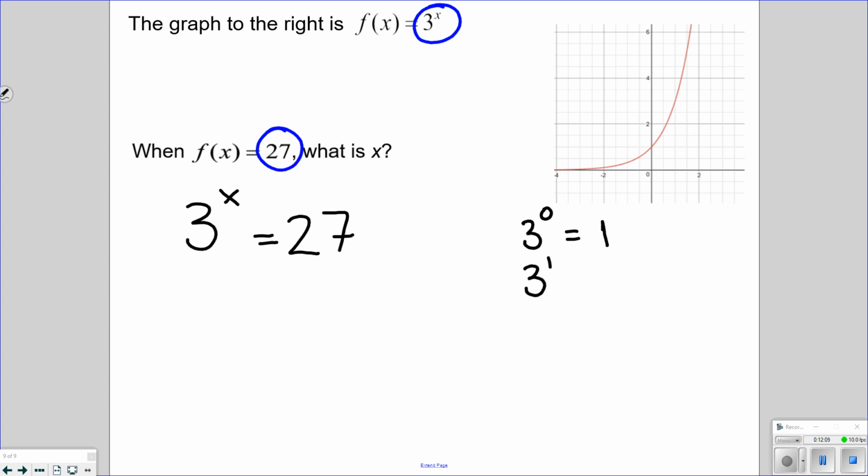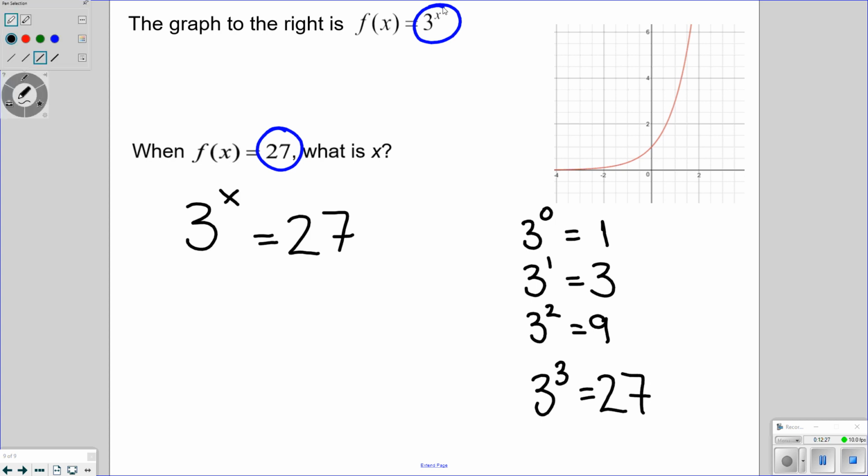Let's try 3 to the second power. That's equal to 9. I still don't have that 27 yet. 3 to the third power. That actually is 27. So what value of x did I need to make that work? Well, I needed my x to be equal to 3. So the answer to this problem is x equals 3.